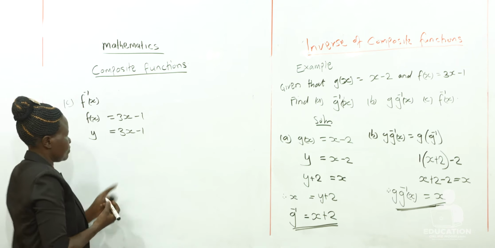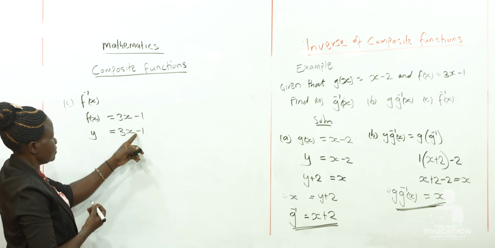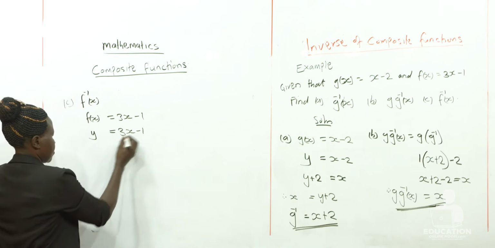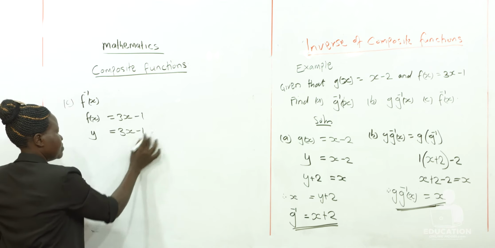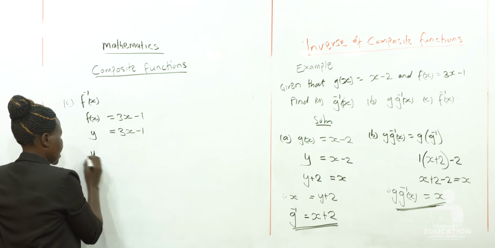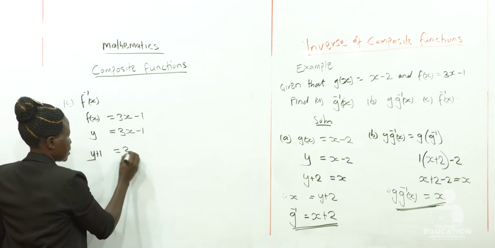Now in this level, we are going to make x a subject. So for us to make x a subject, we have to eliminate the constant from the side of x. Then we shall have x, negative 1 crosses becomes positive 1, y plus 1 equals 3x.